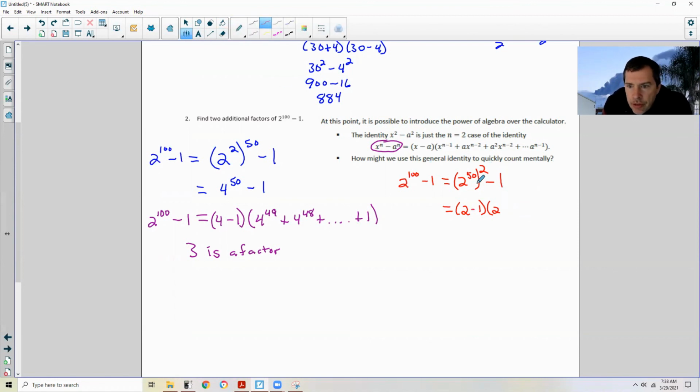My n in this case is 2, and 2 minus 1 is 1. So that's simply 2, plus a, which is 1, times x, which is 2, so 1 times 2 is 2, to the n minus 2. 2 minus 2 is 0, so that'd just be to the 0, which ends up being 1. All the way out to a, which is 1 to the 1, or simply 1.